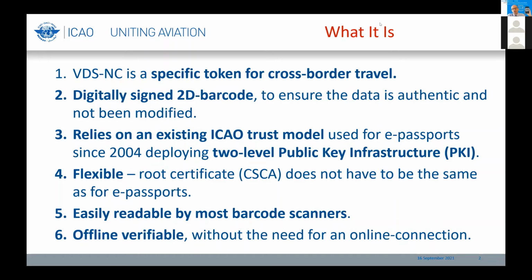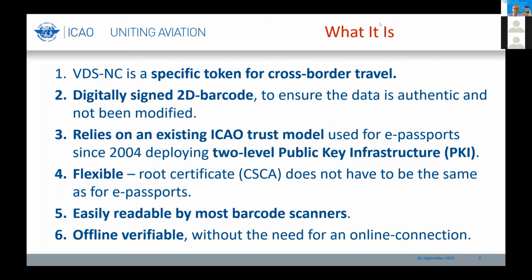But this technology has already been deployed, ironically, by the European Union, the Schengen visa, in the sense that the ICAO trust model for digitally signing e-passports was then extended to the barcode that is being placed on EU visa stickers.